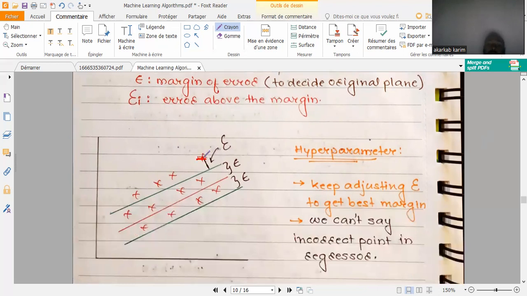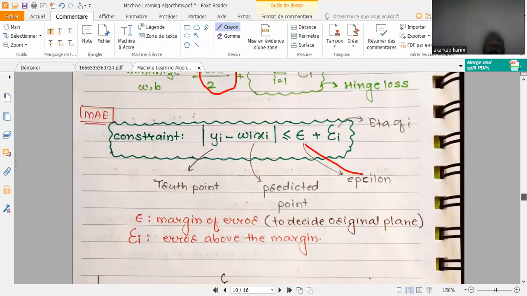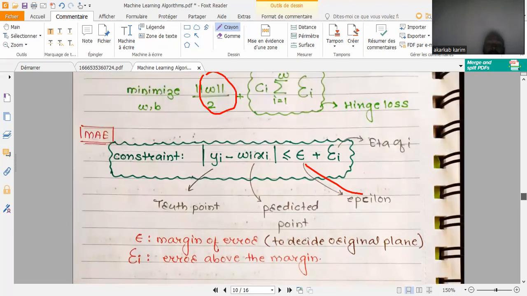We need to see the prediction of all these points to see how much error we have here, and inside the marginal plane we see how much error we have on epsilon. See the whole difference between the support vector classifier and support vector regression: we have epsilon and eta.